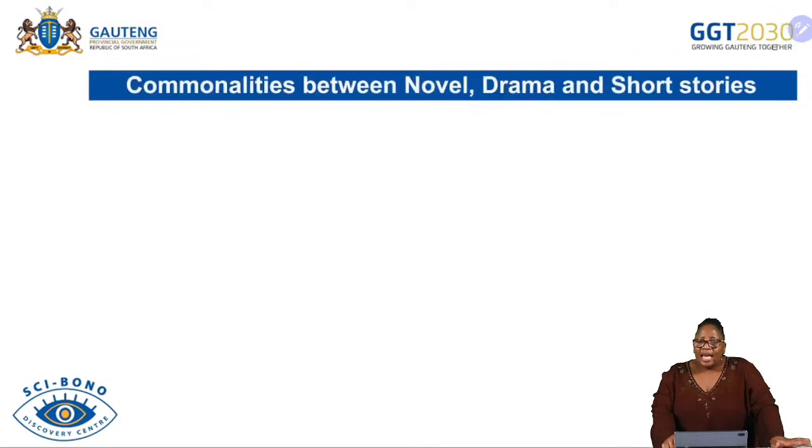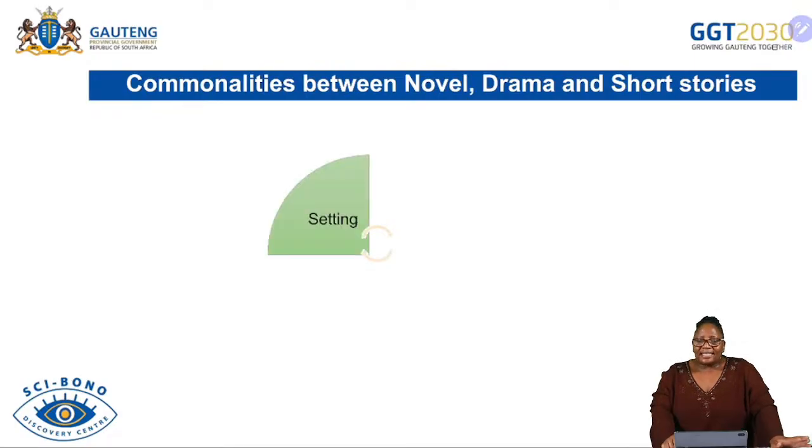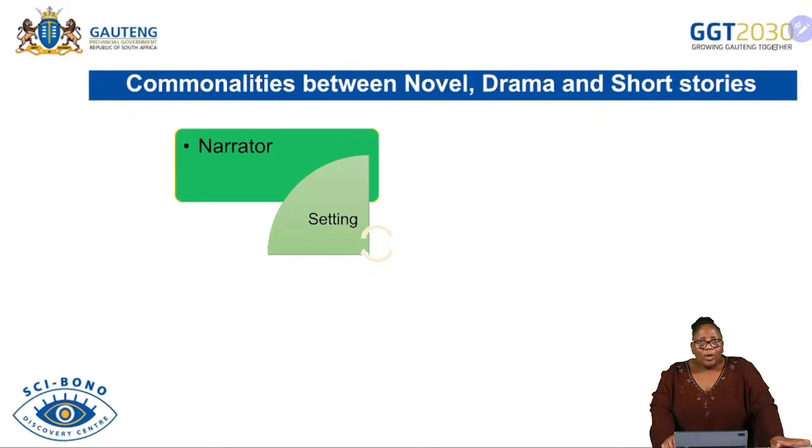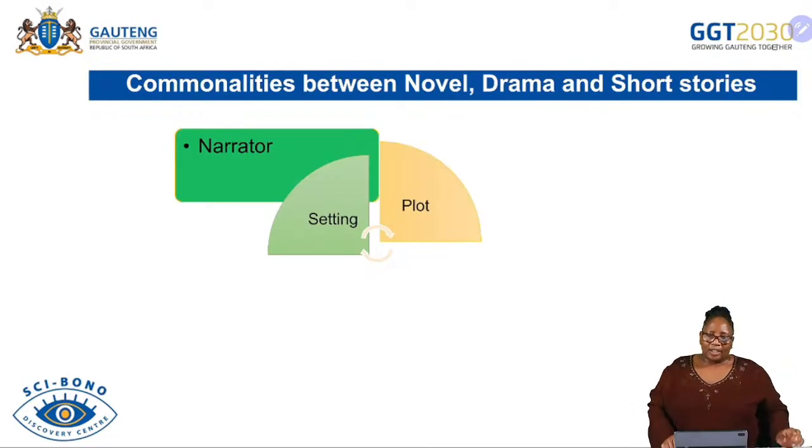Candidates, remember there are commonalities between the novel, the drama, and the short story, things that we learn about. That is the setting where the story takes place. Who is the narrator of the story? The narrator, the person who tells the story.